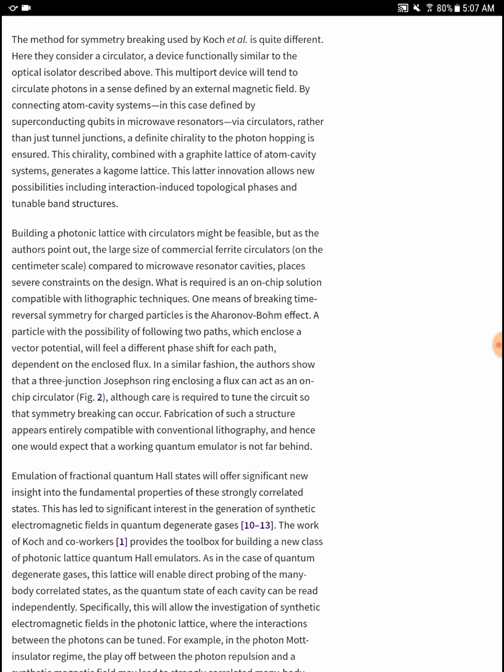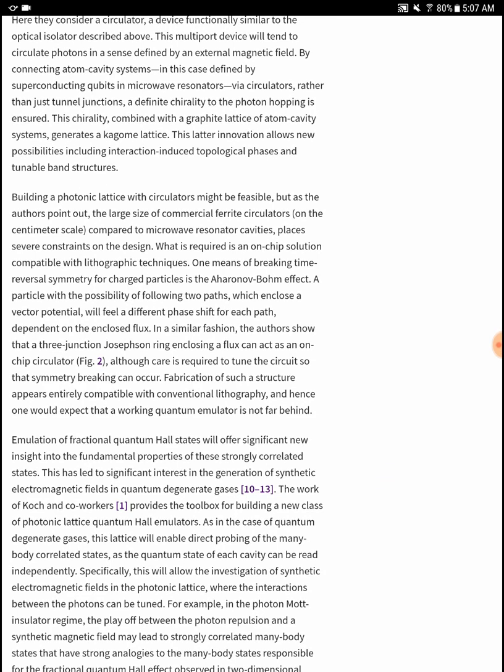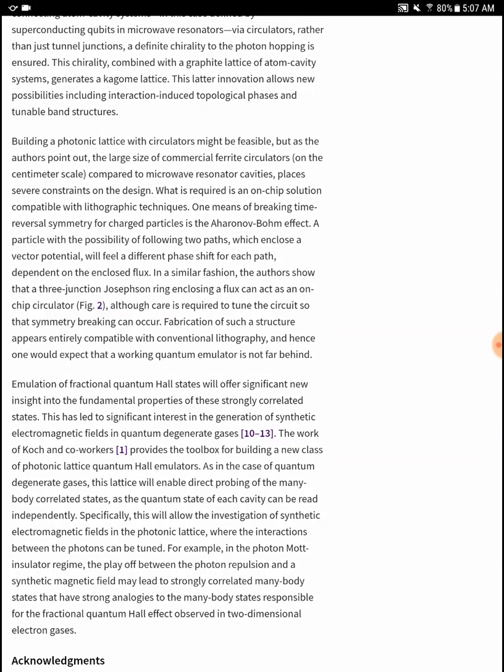is quite different. Here they consider a device functionally similar to the optical isolator described above. This multiport device will tend to circulate photons in a sense defined by an external magnetic field. By connecting atom-cavity systems, in this case defined by superconducting qubits in microwave resonators, via circulators rather than just tunnel junctions, a definite chirality to the photon hopping is ensured.